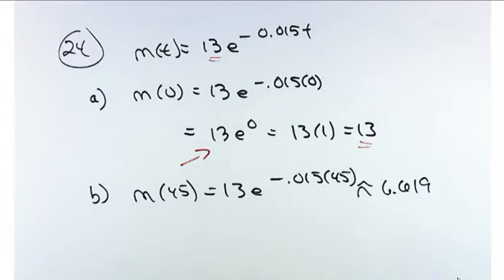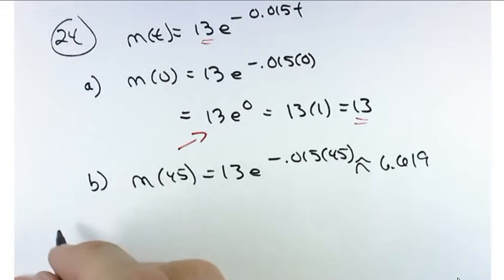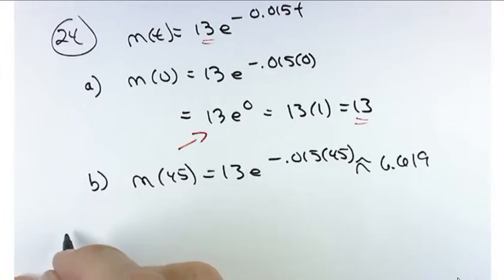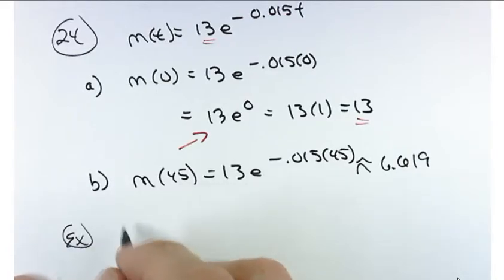Let's do a couple more applications of exponential growth, and we'll work with world population growth. The thing about populations is that they tend to grow exponentially. For example, does anyone know how many people are in the world currently?